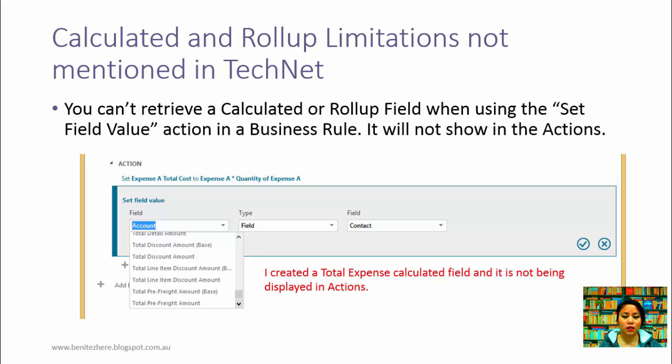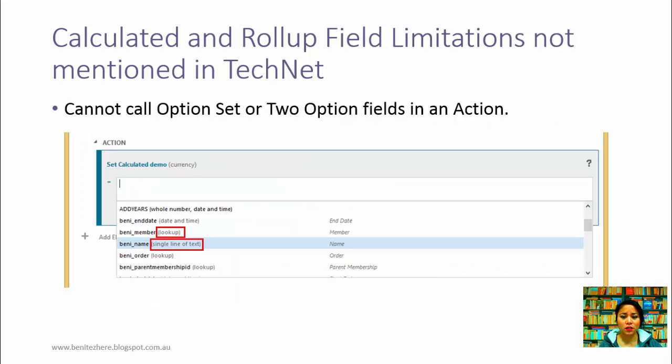There are some other limitations that I have found with calculated and Rollup fields. You can't retrieve another calculated or Rollup field when you use set field value in a business rule. It won't show in actions. The other limitation is that you can't use an option set or two option fields in an action when creating your calculated or Rollup field.